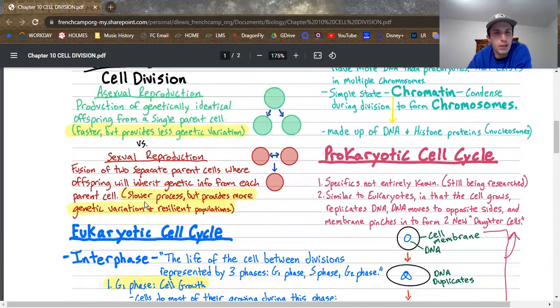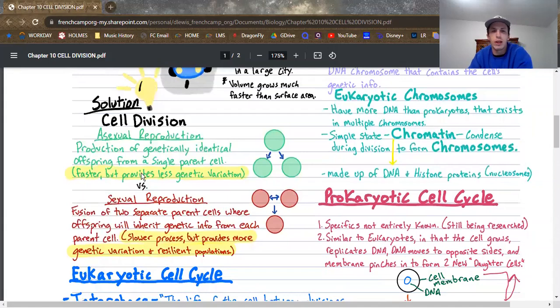So there's two different kinds of division here. You've got asexual and sexual reproduction. Asexual reproduction is going to be happening at the cellular level. It's production of genetically identical offspring from a single parent. So you have one parent cell, and it's going to produce two new identical daughter cells.